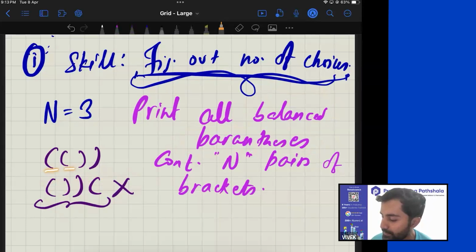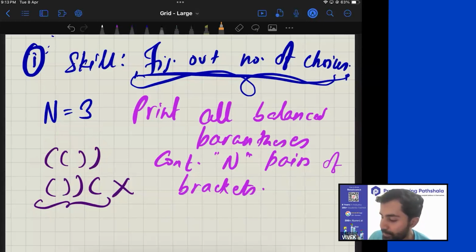So for balanced parenthesis, the first property is of course that the number of opening braces and the number of closing braces should be the same. And the second thing is for each opening brace, there should be a corresponding closing brace. You can call it symmetrical also, but in essence, this is what it is.